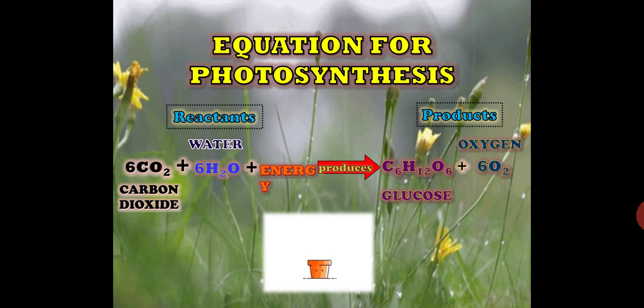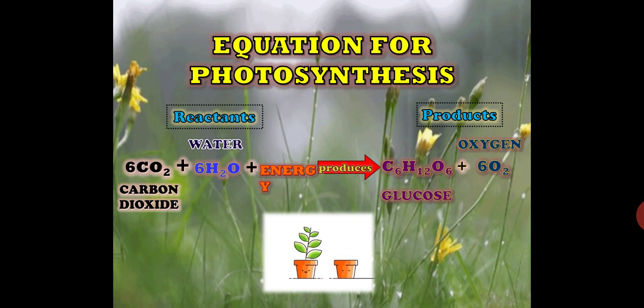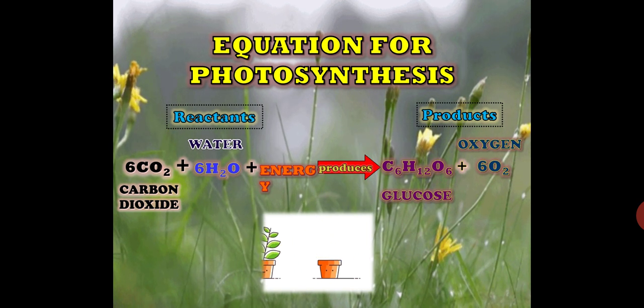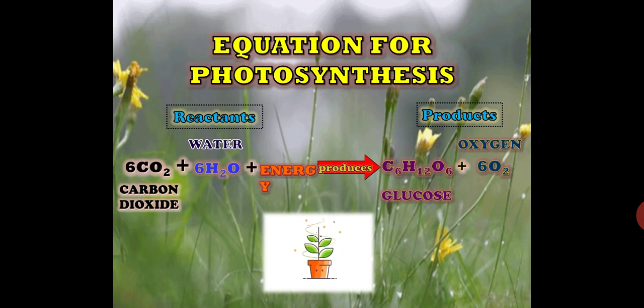The plants need light energy, carbon dioxide, and water. It takes place in the chloroplast using chlorophyll or the green pigment in plant. What do you think happens during photosynthesis?